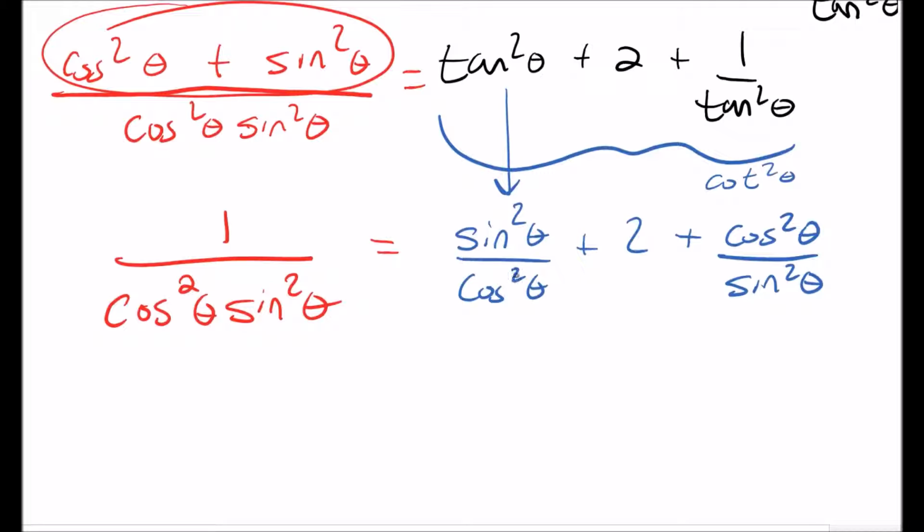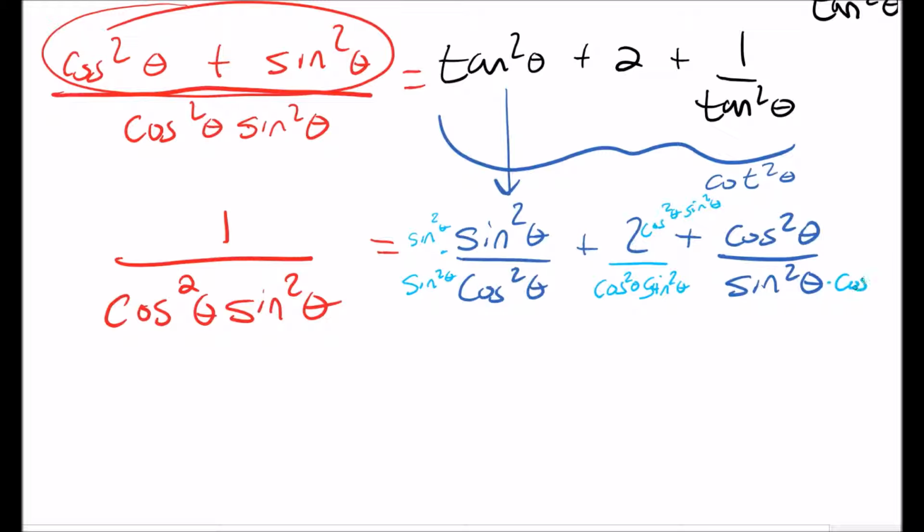I'm actually going to now combine the right hand side in blue here by getting a like denominator again. So here, my like denominator is going to be cosine squared times sine squared again. So I'm going to multiply the first term by sine squared theta on top and bottom. This needs to be multiplied by cosine squared theta and sine squared theta.